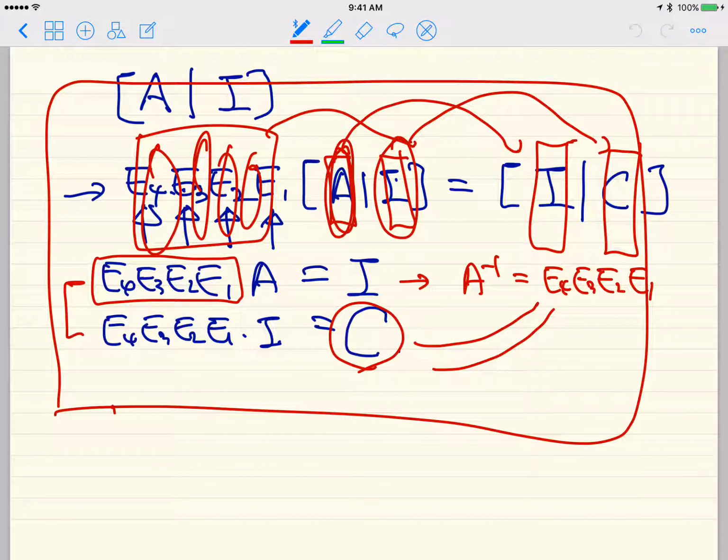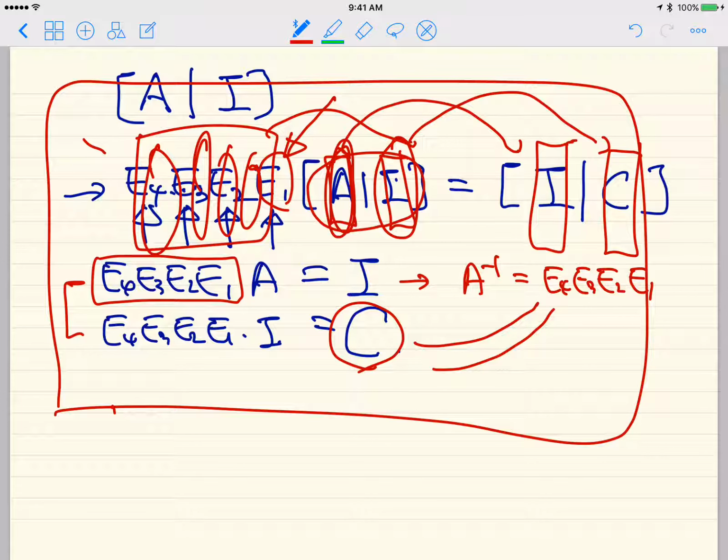And so we saw the reason why at the last part of the class last Tuesday. Starting from this A and I, we keep applying row reductions, which is still multiplication of matrices. Suppose those matrices were E1, E2, and so on.